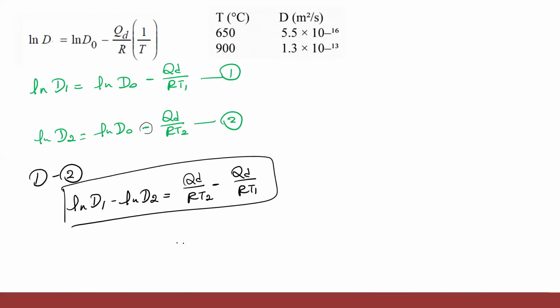Now you can make this Q D over R times 1 over T2 minus 1 over T1. So everything is known in this except the Q D. So you can make the Q D the subject. If you make Q D the subject, what do you get?